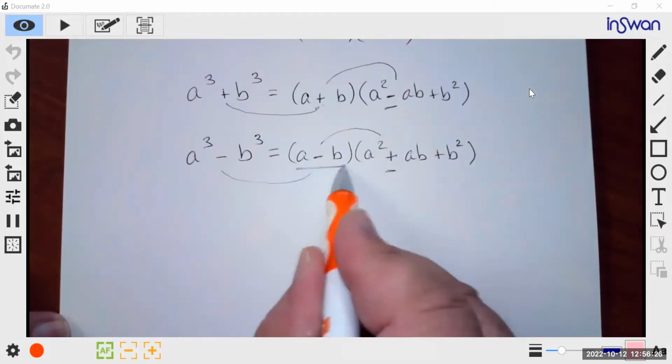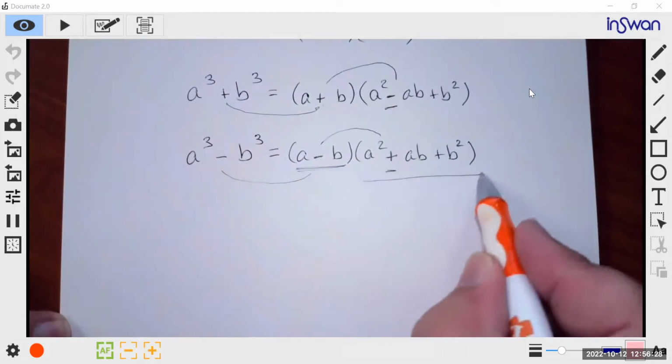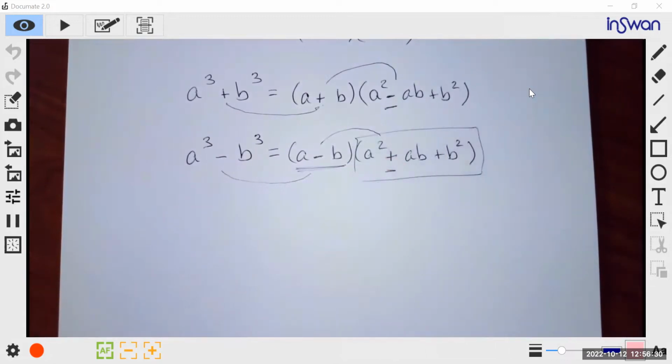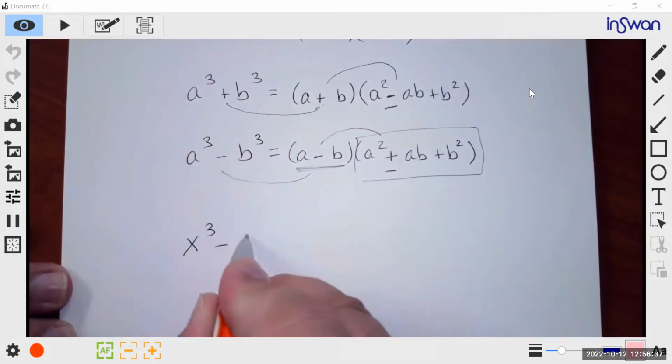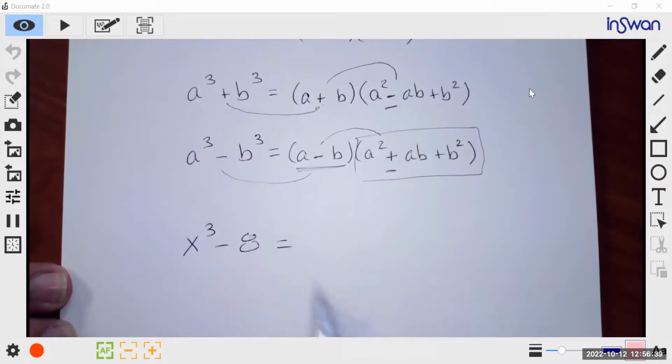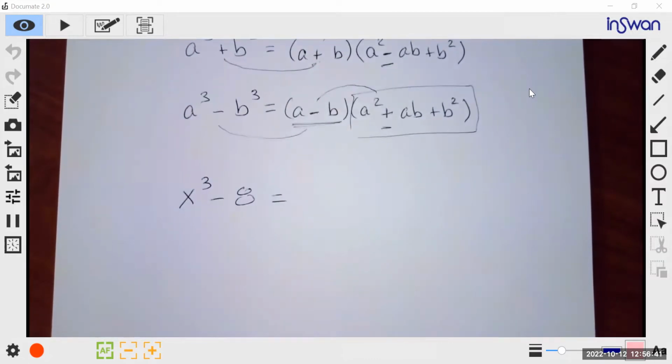We can solve this one. This one, we cannot solve. It'll give you imaginary answers. So example. Is that a difference of two cubes?